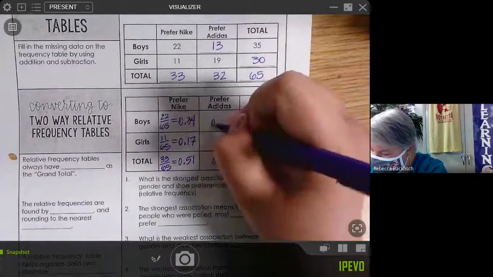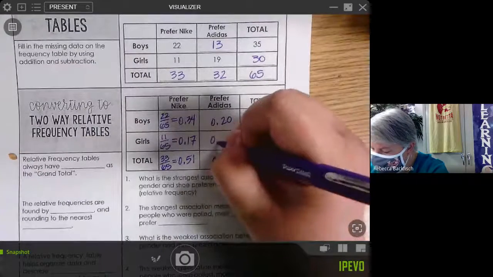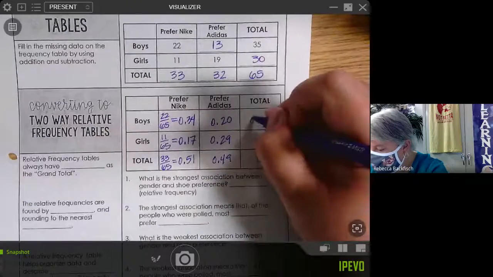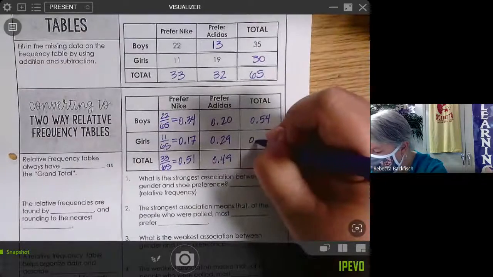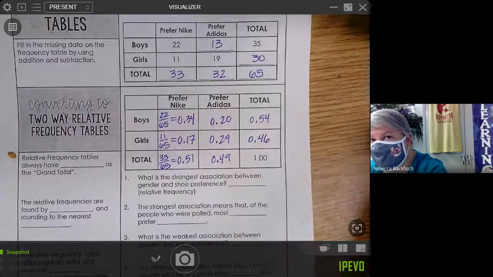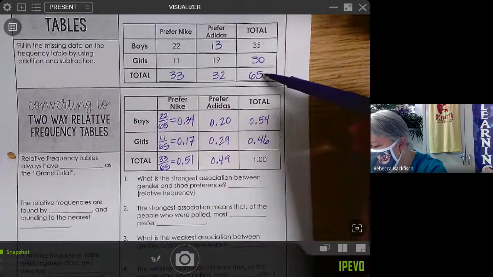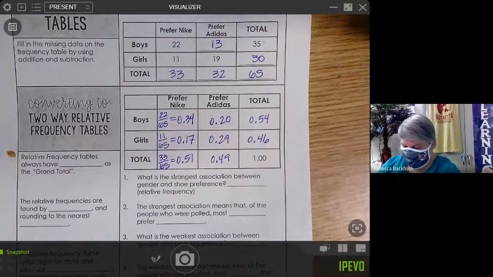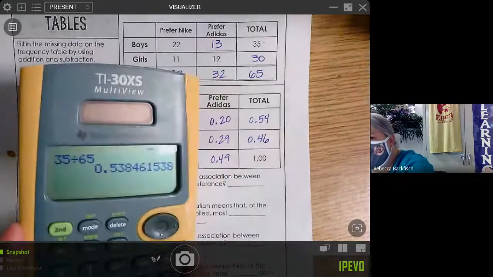Okay, so this is 0.20. If you haven't already started dividing, I'm trying to let you go ahead of me. So for instance, if I do 35 out of 65, I get this, right?